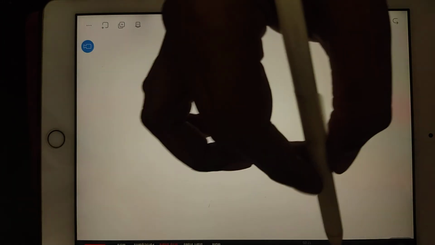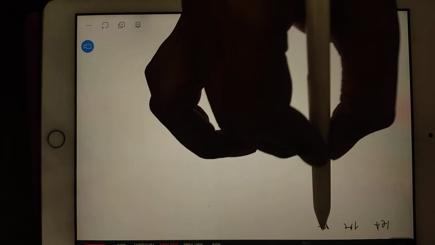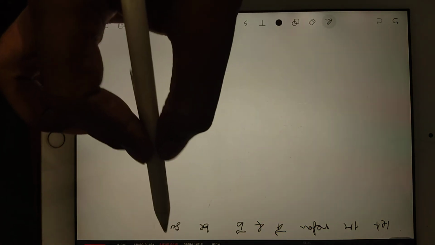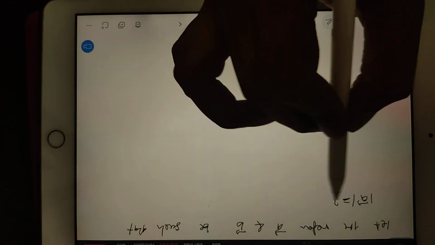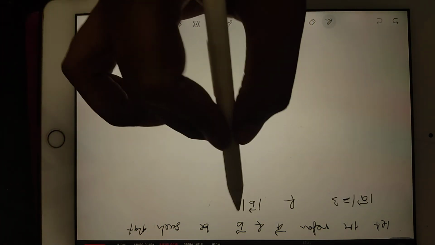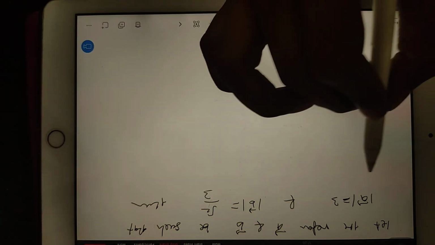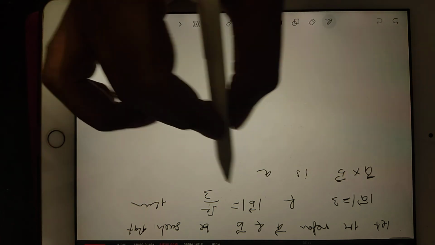See here, actually let the vectors A and B be such that mod of A is equal to 3 and mod of B is equal to root 2 by 3. Then vector A cross vector B is a unit vector.